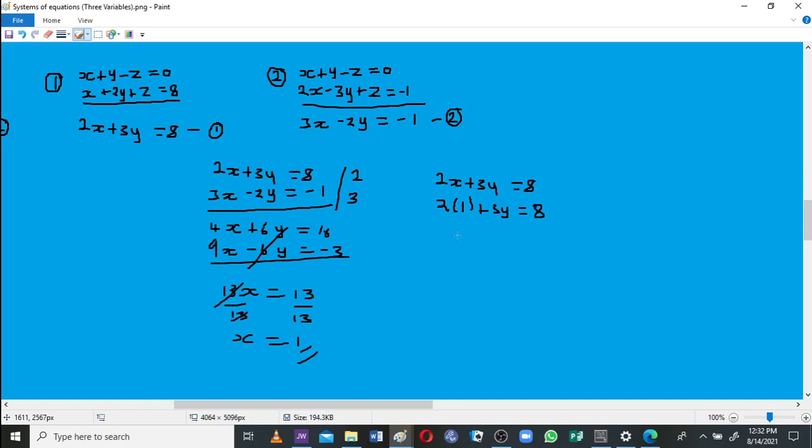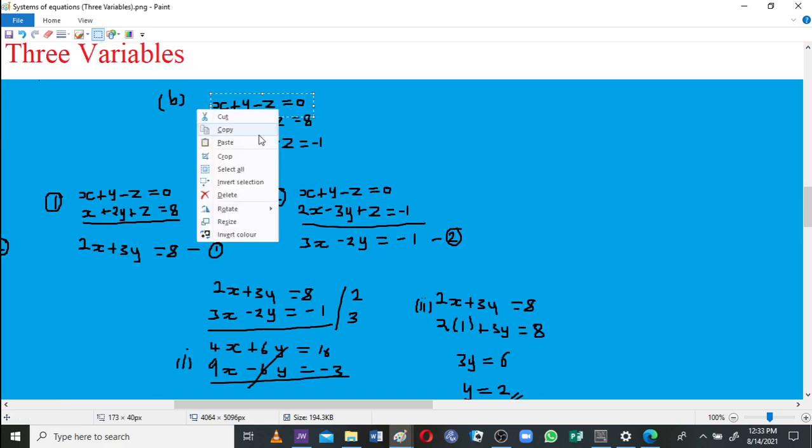So I found the value of x, I found the value of y, and now I need to find the value of z. So how do I do that? I need to pick one of the equations which contains z, and substitute x and y, because I have the values for x and y.